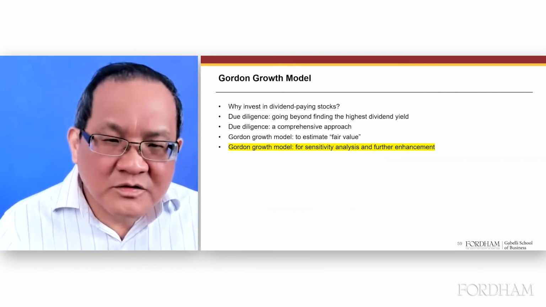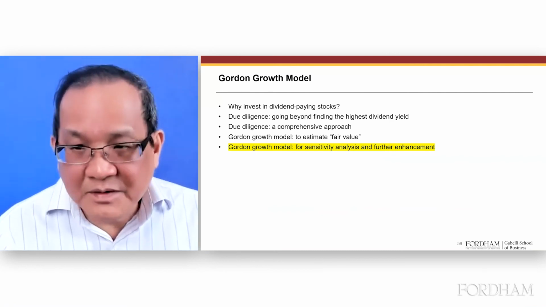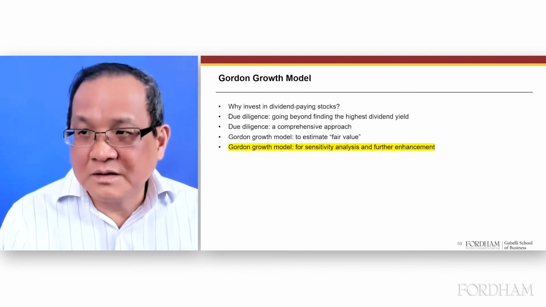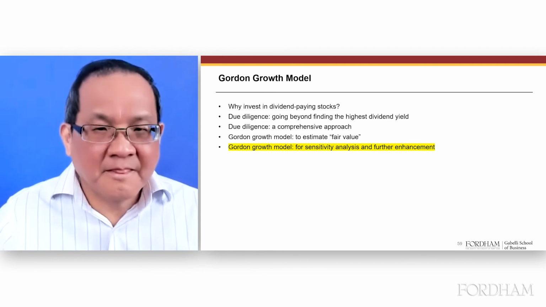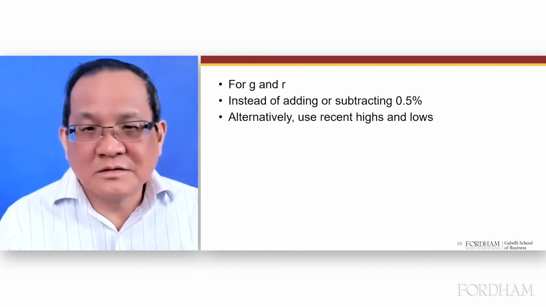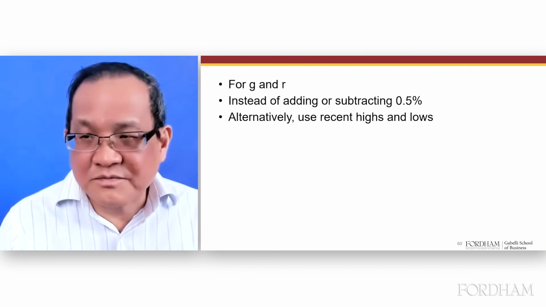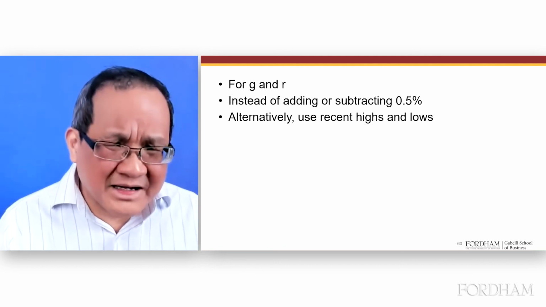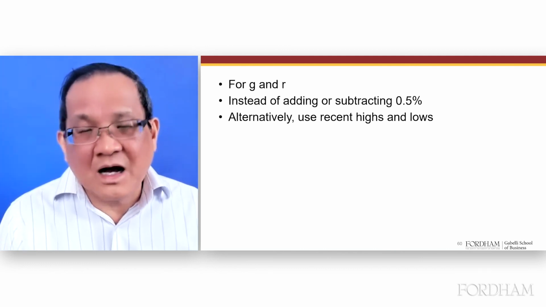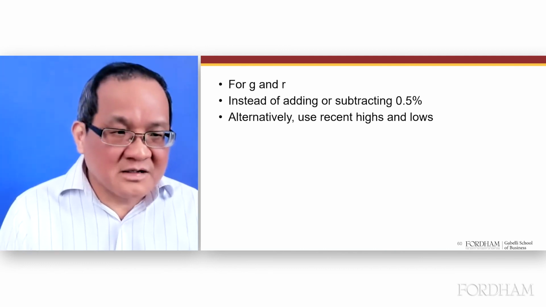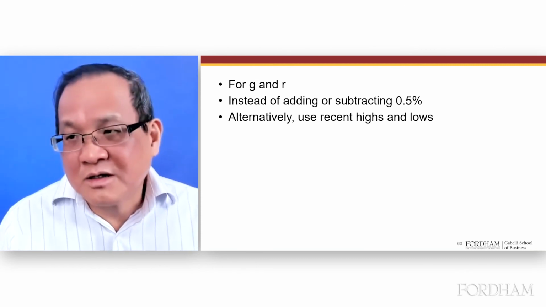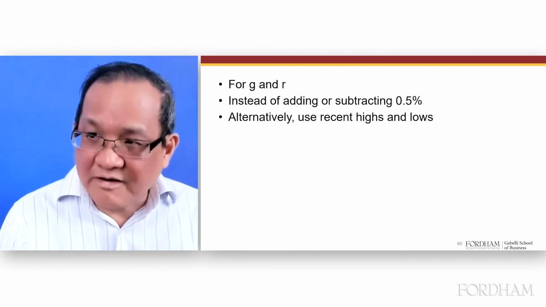The Gordon Growth Model sensitivity table can be improved further, right? Because for the G and R, instead of adding or subtracting 0.5 in a very mechanical manner, we can use the recent high and low. We can use the last 10-year highest level for G or R and the lowest level.